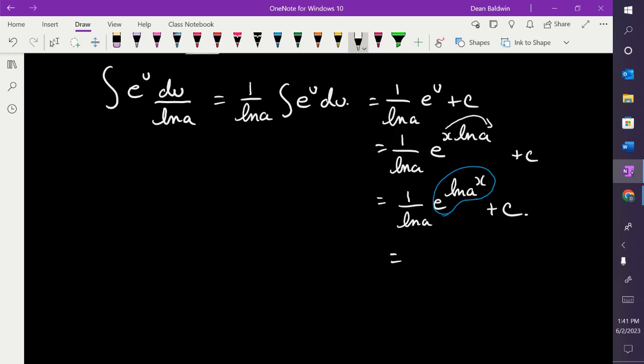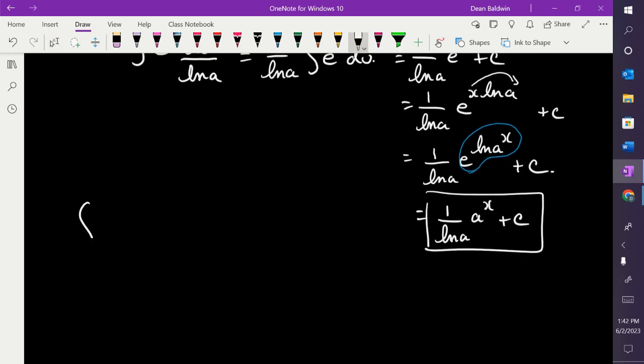So you end up with 1 over the natural log of a times a to the x plus c. So that's a long-winded way of developing the formula. Essentially what we just showed is that the integral of a to the x dx is equal to 1 over the natural log of a times a to the x plus c.